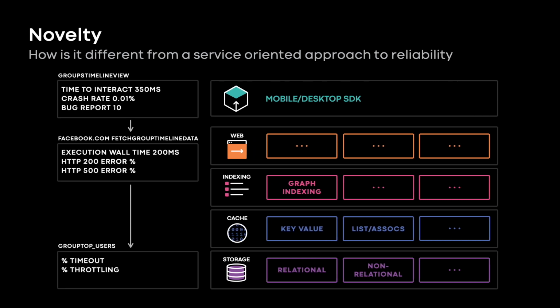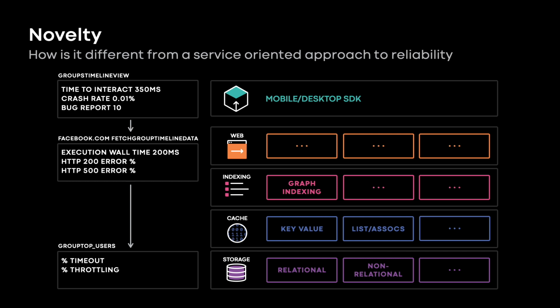Now, from the federation side, we're going to use groups timeline as an example and as a contrast to the horizontal view. The view started on the client side, which has the latency, the crash, and the bug reports as the metrics. Then we trace that dependency down to the web tier.